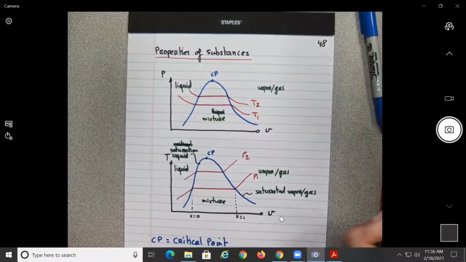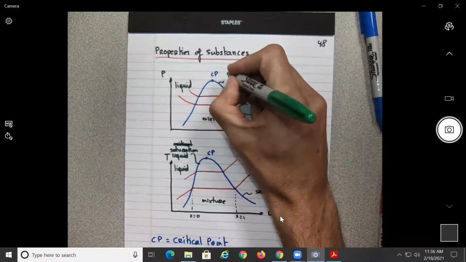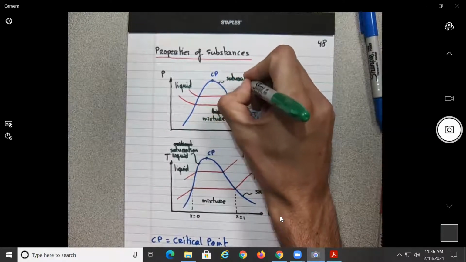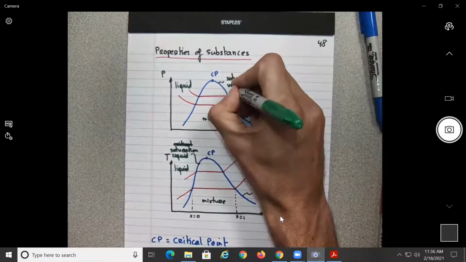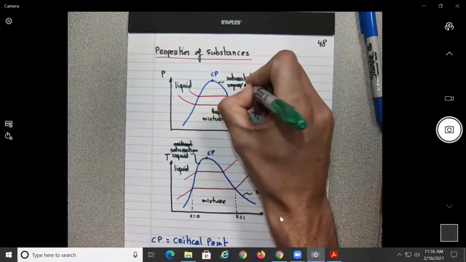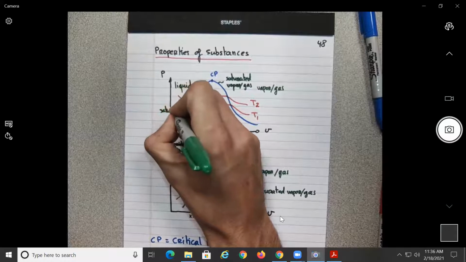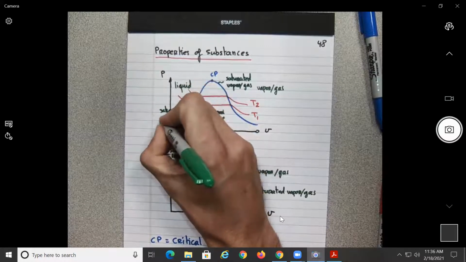And again, this would be the line of critical saturated vapor or gas. And this one will be the saturated liquid.